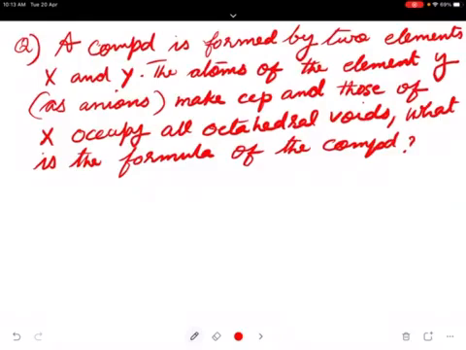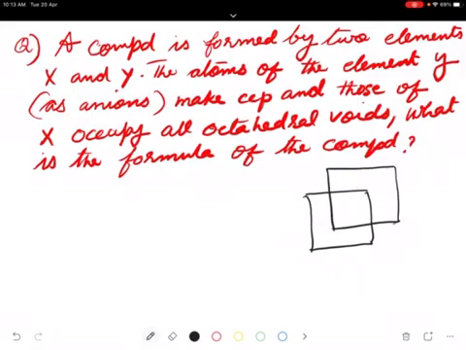Atoms of element Y make CCP means I'm drawing a CCP. CCP means FCC only, so I'm showing an FCC.